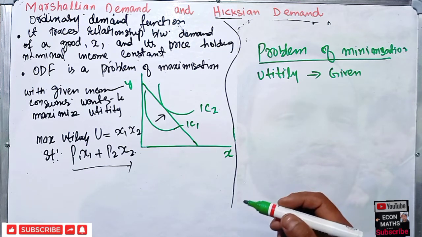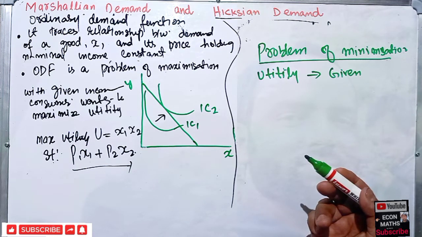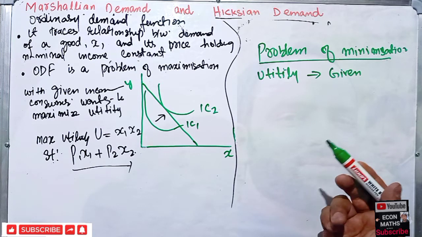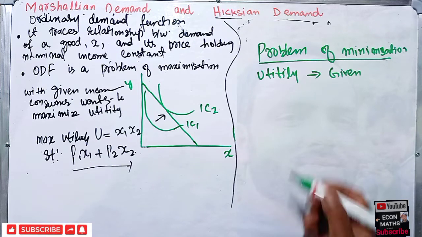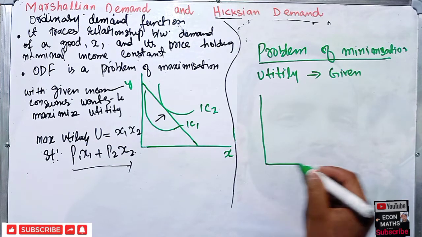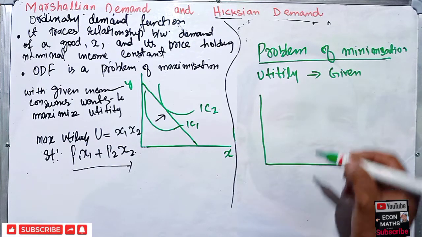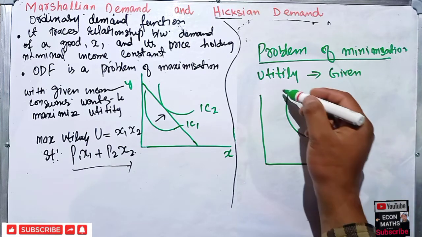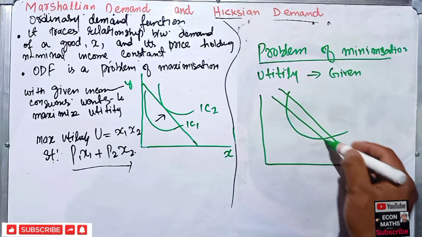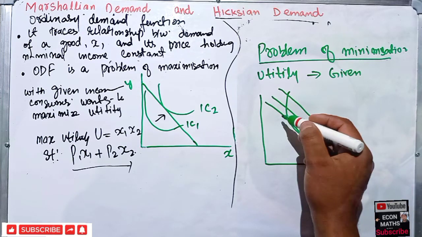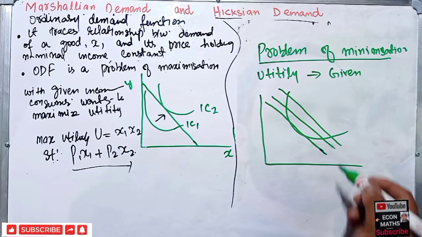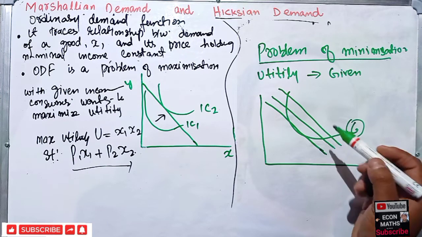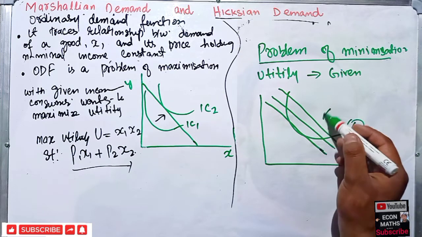The consumer wants to minimize its costs so that the utility remains the same. In the Hicksian demand function, utility is given, and the consumer wants to buy the good with the minimum possible expenditure.